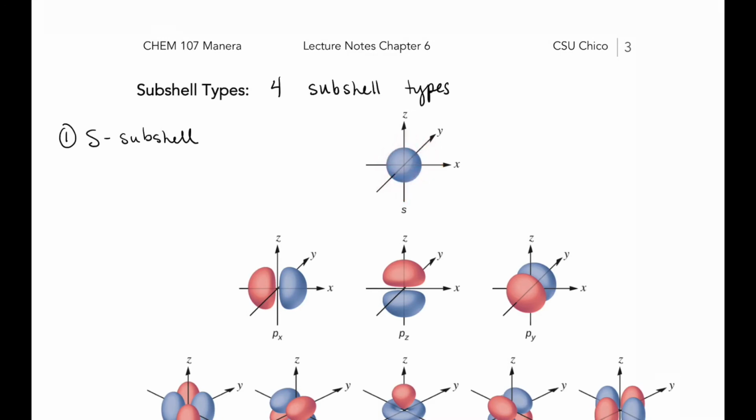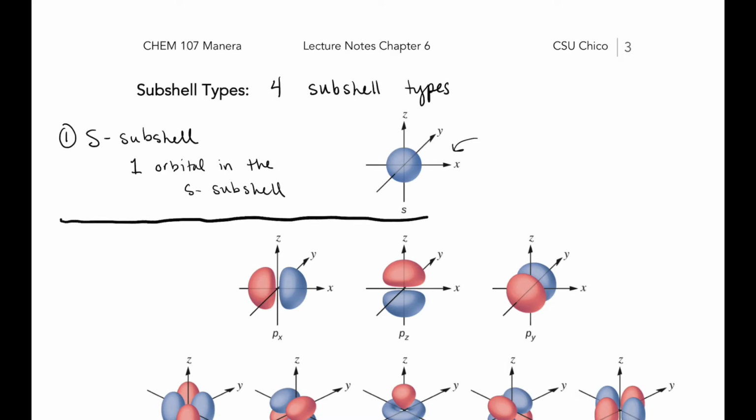So the sphere looks the same along any one of these 3 axes, right? The sphere is completely, totally symmetrical. So here, what we're going to say is there is one orbital in the S subshell. Okay, this is what the one orbital looks like. We'll talk about orbitals again in a second, but there's one way to draw or to orient this sphere.